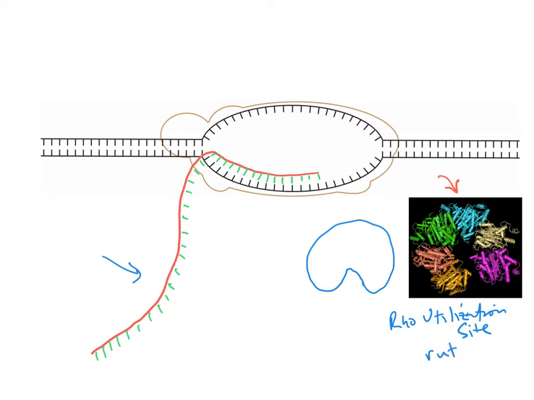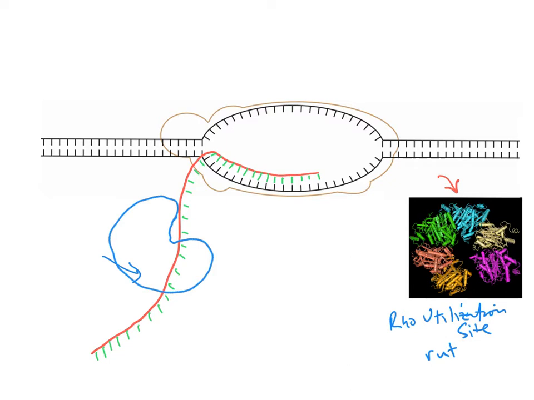And once rho binds to that site, then it moves along the RNA. So rho first binds to that site, sitting on the newly synthesized RNA transcript, and then it begins to move along the RNA. The binding site is usually about 70 nucleotides in length, and it's C-rich and G-poor, and that's pretty much all of the common sequence components that we know about.